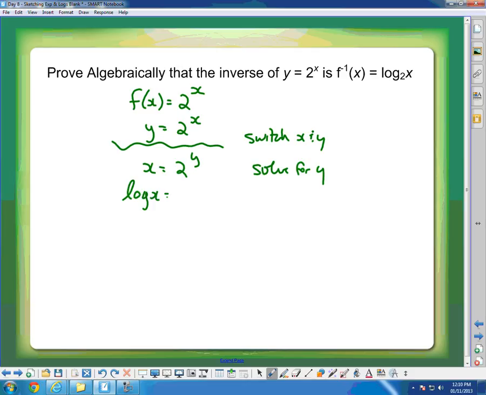So log x equals log 2 to the y. Now, of course, that y can come down. So it's y log 2. That gains us access to the y. And now I've got to get y by itself. So I'm going to divide both sides by log 2. And I'll get log x over log 2.